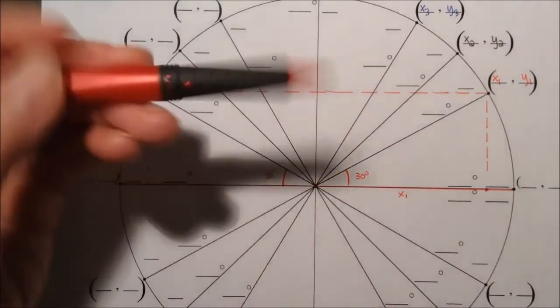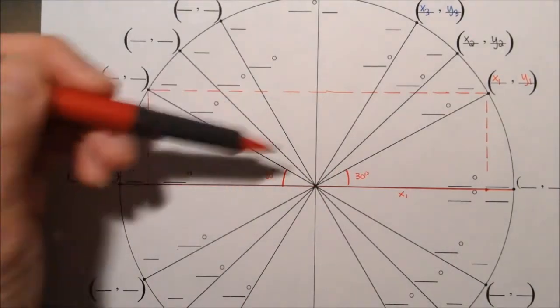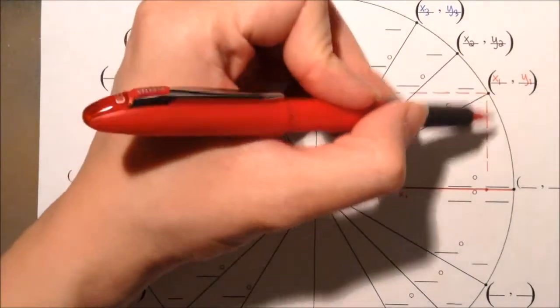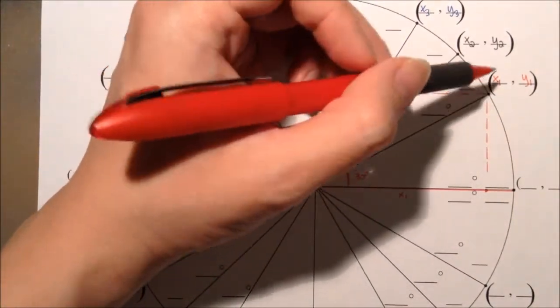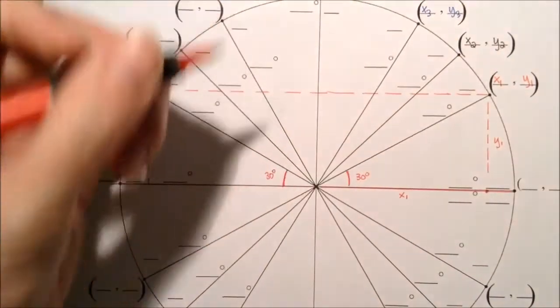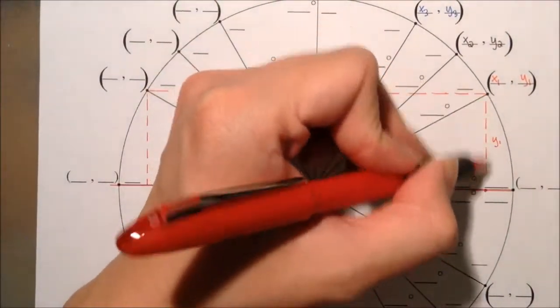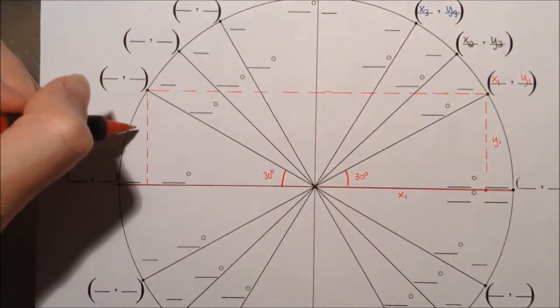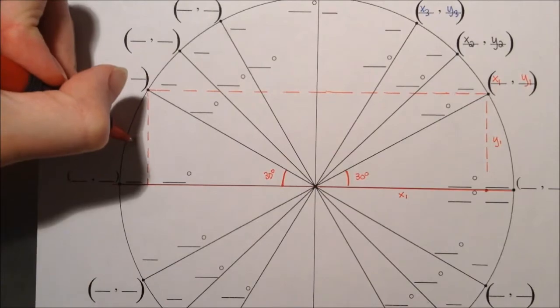So that means that wherever I am, it's going to be the same height. My height is the vertical line, so my vertical line is going to be a height of y1. If the vertical height is y1, then logically speaking, it would be the same amount of height, so y1 here.